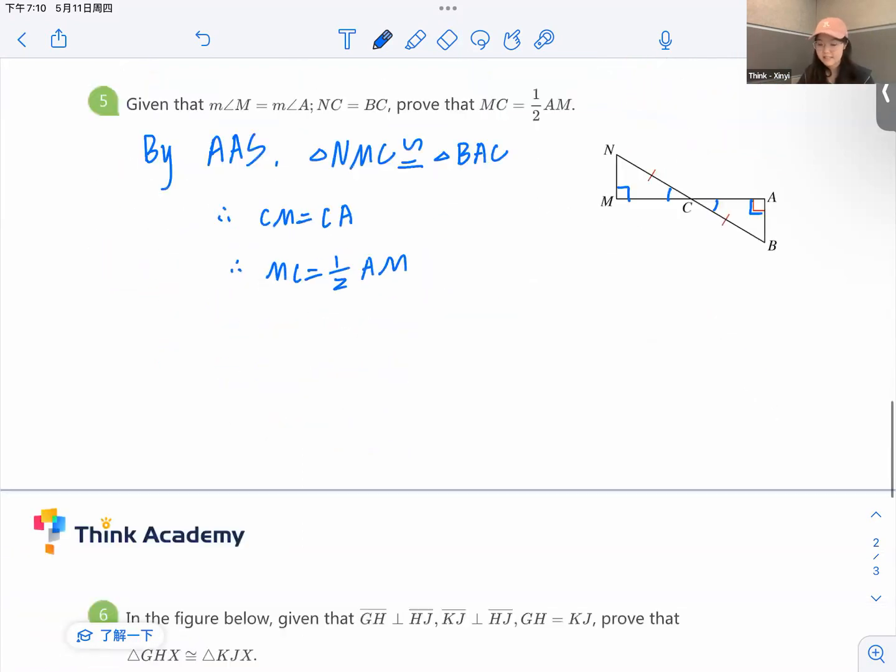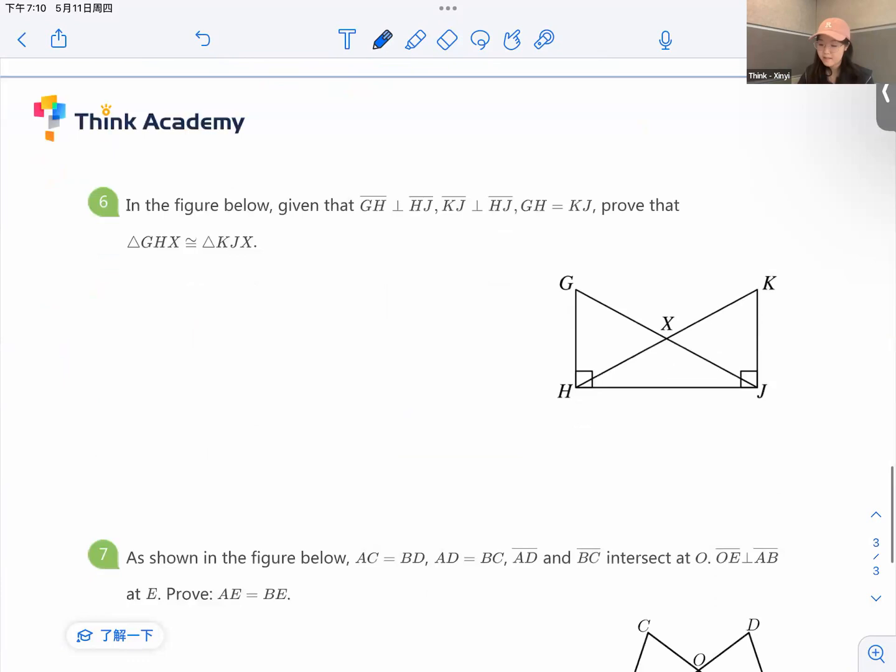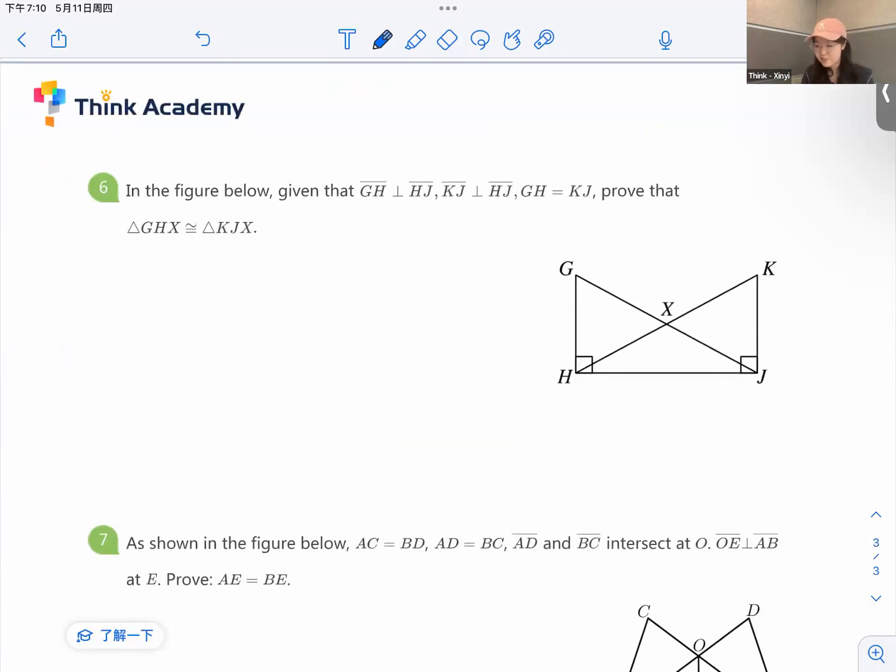Then let's see question 6. In the figure below, given that GH perpendicular to HJ, KJ perpendicular to HJ, so both these two triangles are right triangles, and we have GH equals to KJ. So we need to prove that triangle GHX is congruent to the triangle KJX.